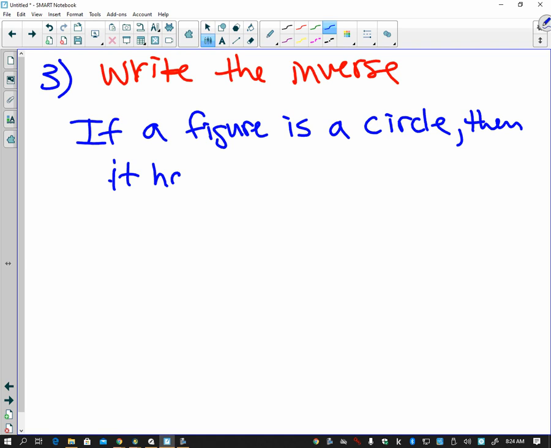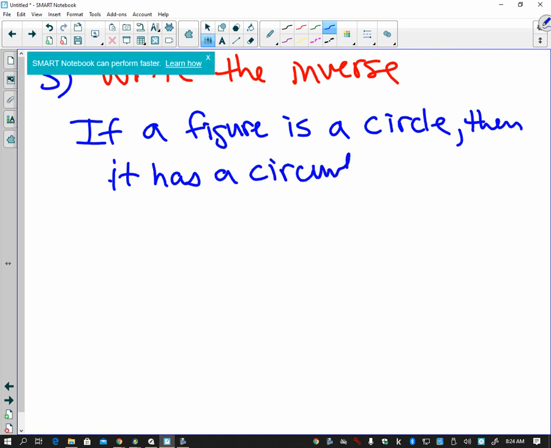Then it has a circumference of, what would we say, 2 pi r? That work? Okay, good. So we want the inverse of that statement.